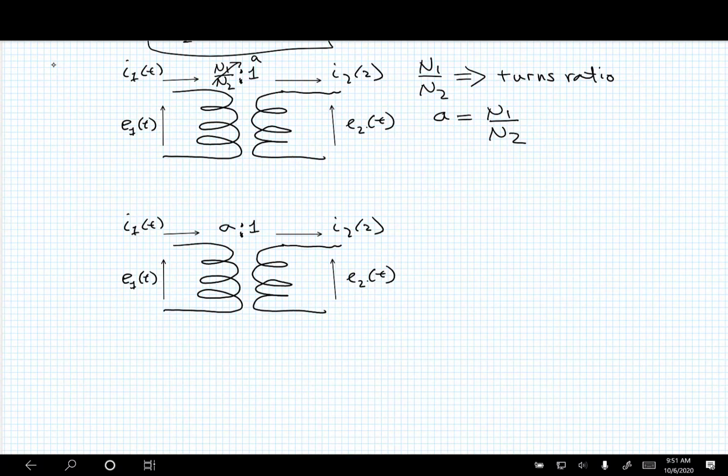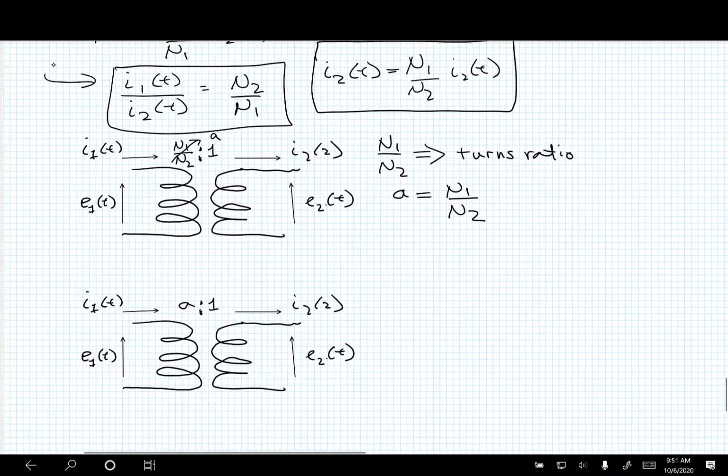A to 1. If that's the case, let's take a look at these relationships.